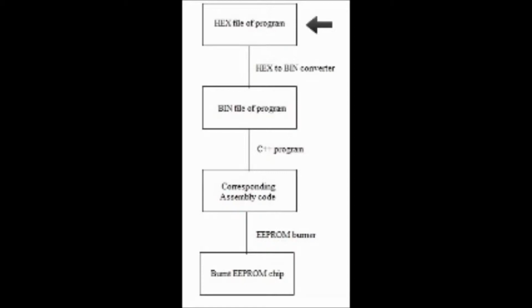Rather than using an external EEPROM burner, which is highly costly, we have burned the EEPROM using a microcontroller by putting address and data on the parallel bus of the external ROM, thereby reducing the overall cost of the system. The steps are performed as shown in the block diagram. The EEPROM requires some time to be written, so appropriate delays have to be inserted into the code. After 4 to 5 seconds, the EEPROM is fully programmed and ready to be used.